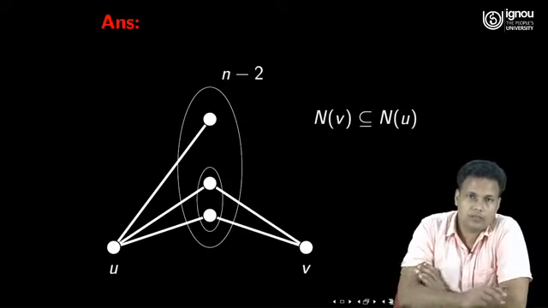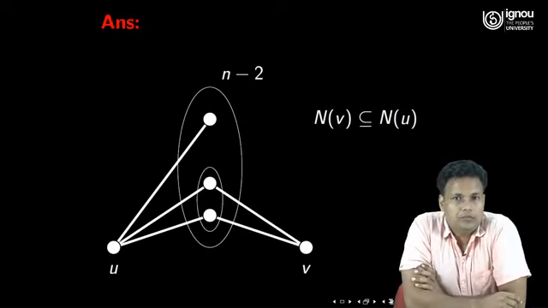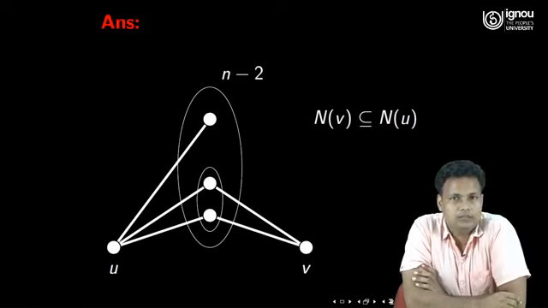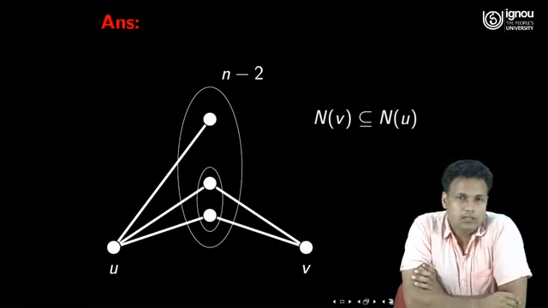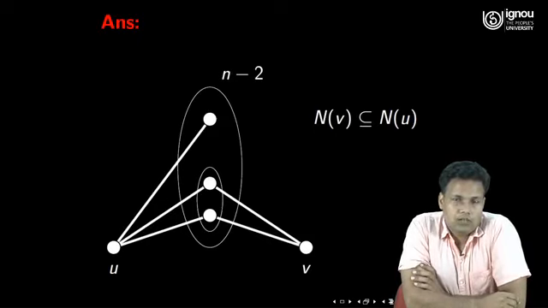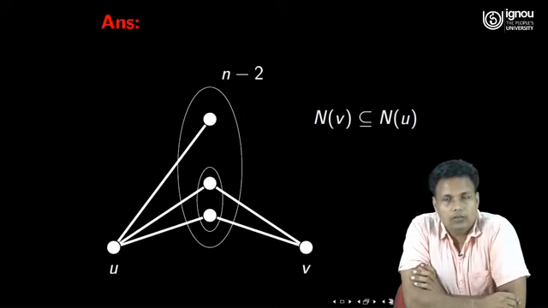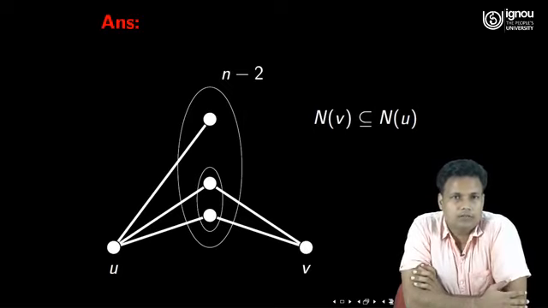So the neighborhood of V is a subset of the neighborhood of u, that is N(V) is a subset of N(u), right? Now if N(V) equals N(u), there is no problem, and the result follows easily.